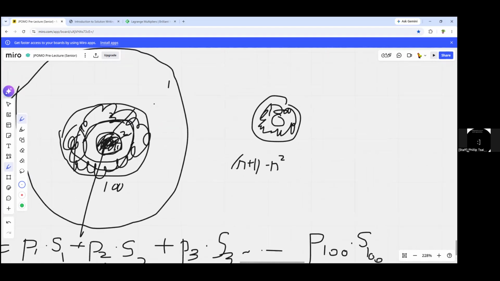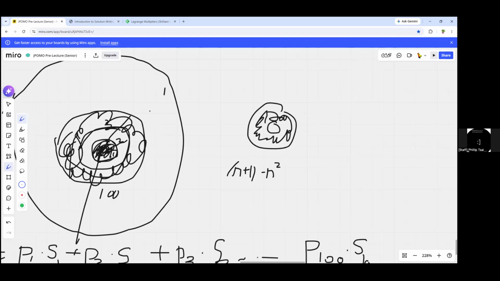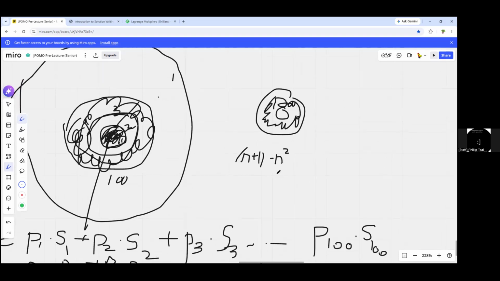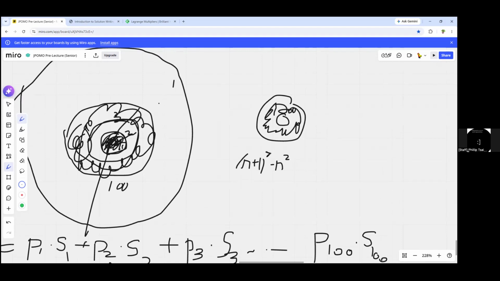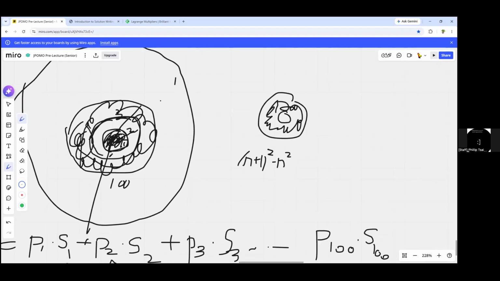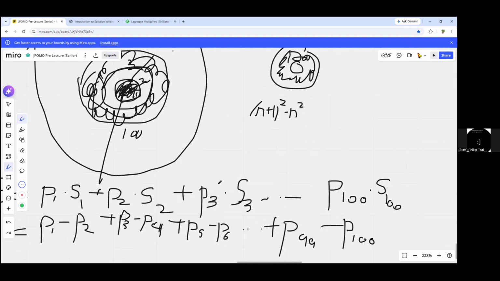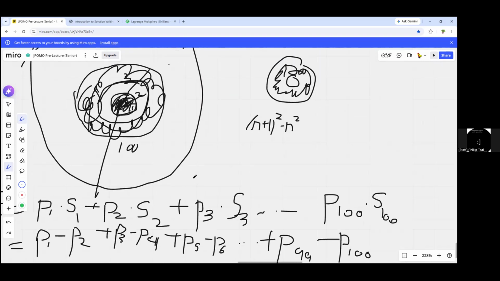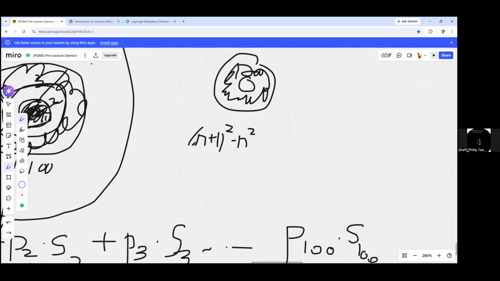And where do we start? From this ring here. After 1/10,000, we can simplify this to n squared plus 2n plus 1 minus n squared, by the square of a binomial.